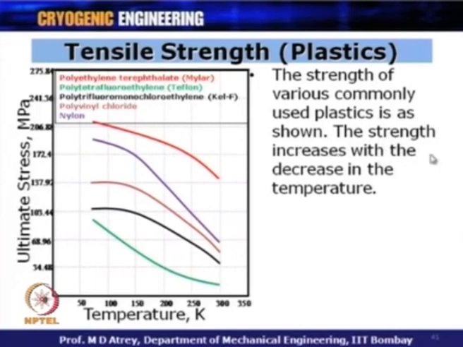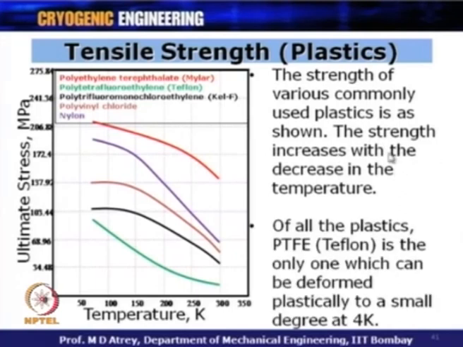The strength increases with the decrease in temperature, but of all these materials, the most commonly used material in cryogenics is PTFE. So, of all these plastics, PTFE is the only one which can be deformed plastically, because it retains its plasticity at low enough temperature, at a lower temperature of around 4 Kelvin. So, the mostly used plastic in cryogenics is nothing but Teflon or PTFE.